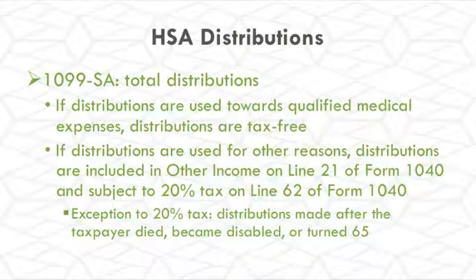And they're also subject to a 20% tax, which will be on line 62 of Form 1040. There is an exception to the 20% tax, and that is for distributions made after a taxpayer died, became disabled, or turned 65.